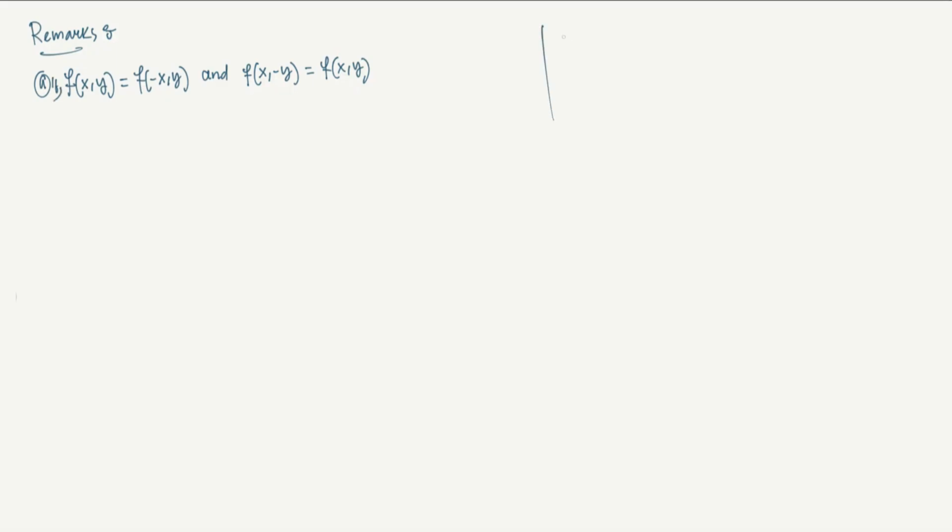Now, as an example, let's just construct something like this. Let's say f of x, y is this. It has to be symmetric, so f of x and f of minus x have to be the same. If you are putting cosine x, sine y, it's just an example, then f of minus x, y is going to be equal to f of x, y.